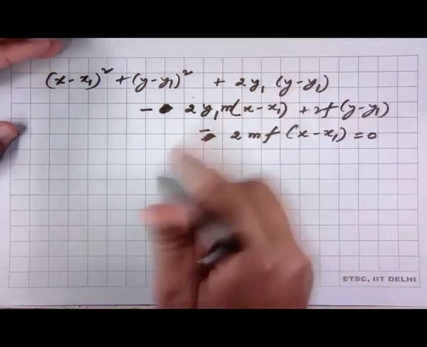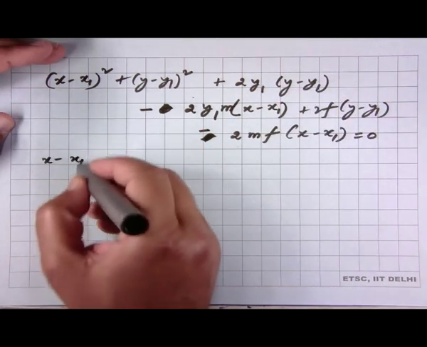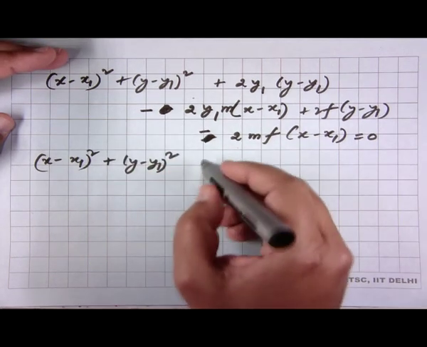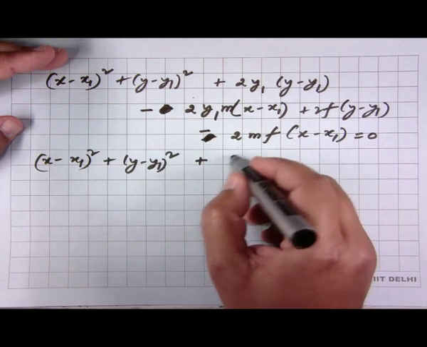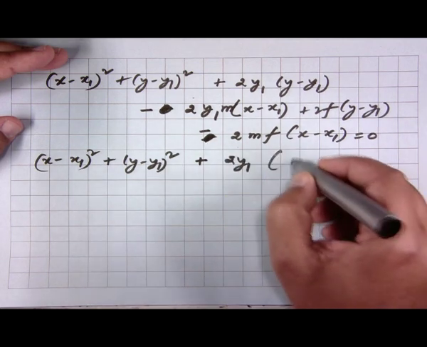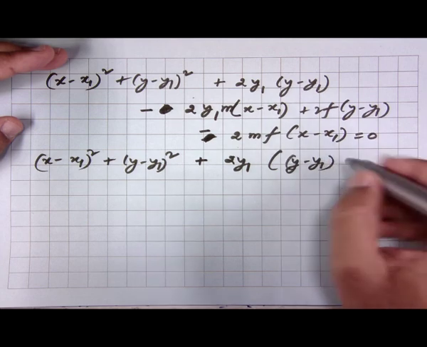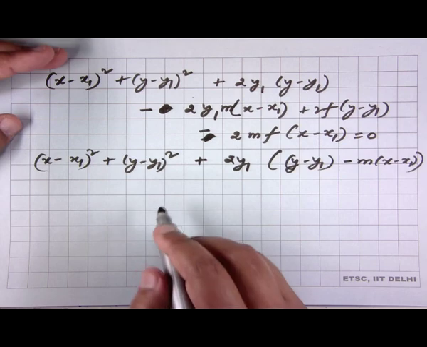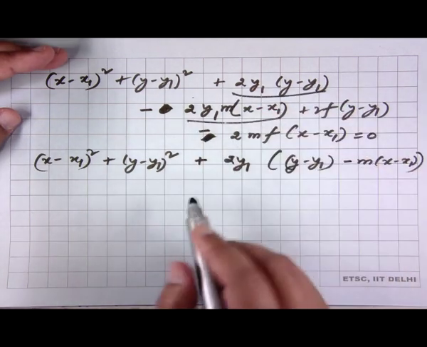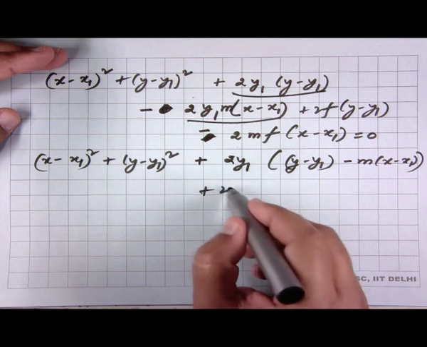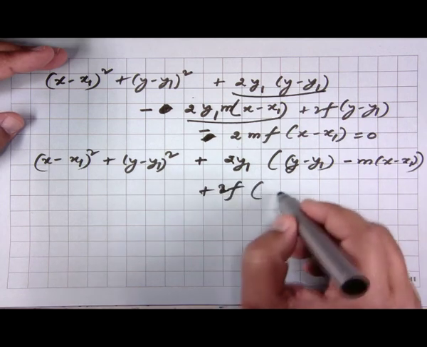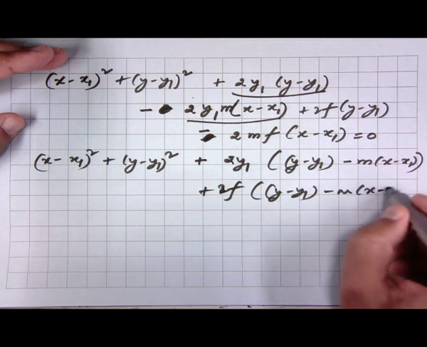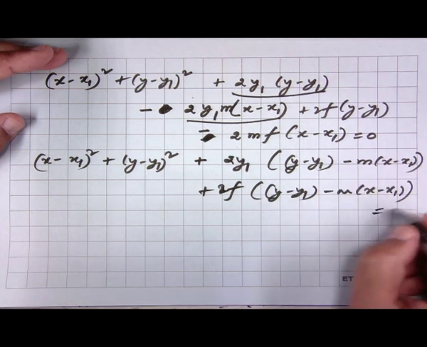So, if we again simplify this further, we get plus 2 y1 into y minus y1 minus m times x minus x1, which is combining this and this term, and then plus 2f into y minus y1 minus m into x minus x1 equals 0.